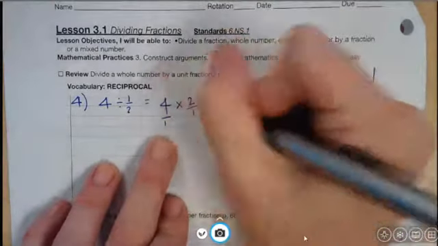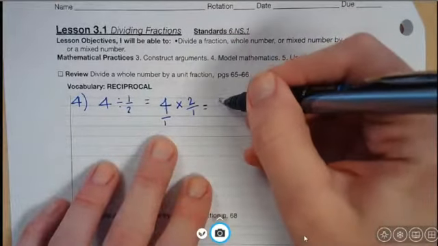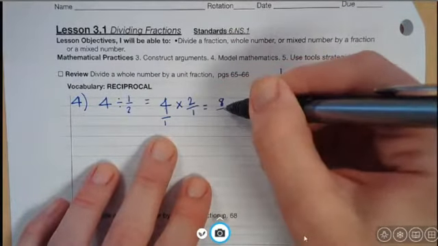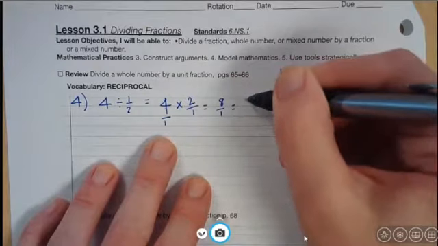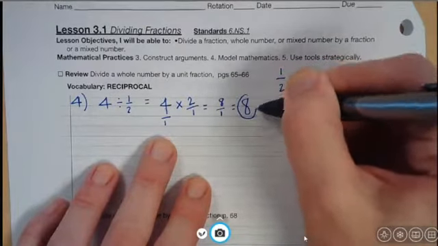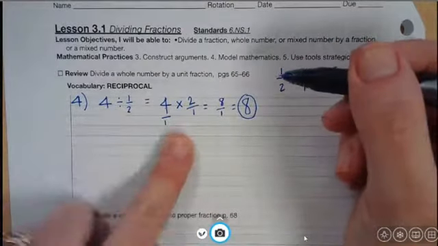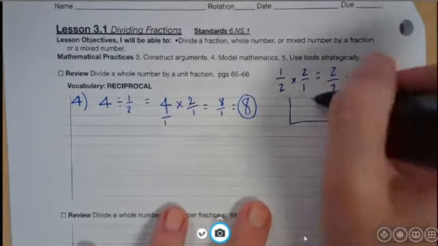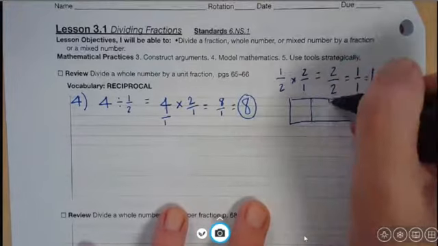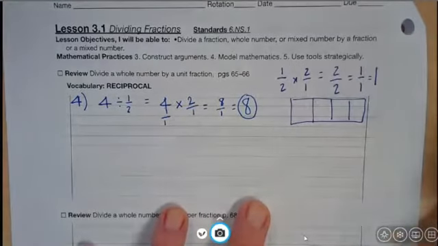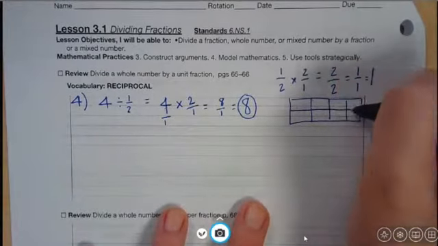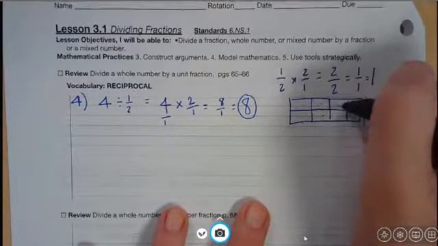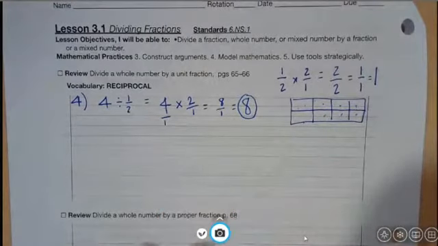And then when I multiply fractions, I just multiply straight across. So this would be 8/1, which I can simplify to 8. So 4 divided by 1/2 would be 8. I can model this. If I had 4 bars split into half each, I end up with 8 parts.